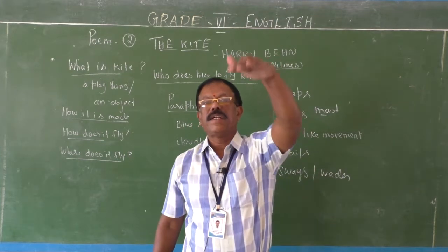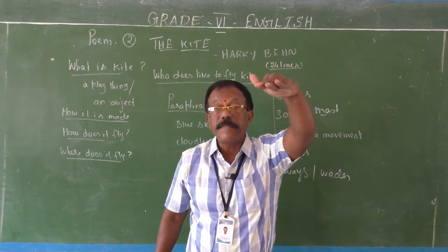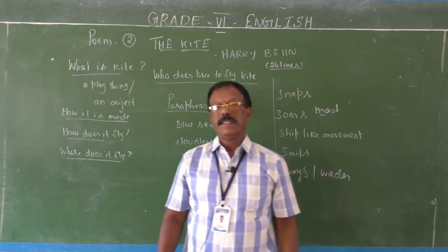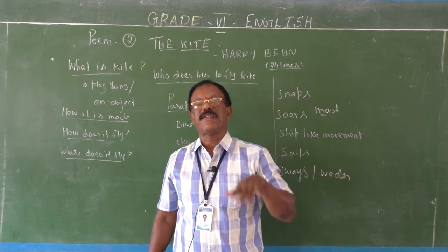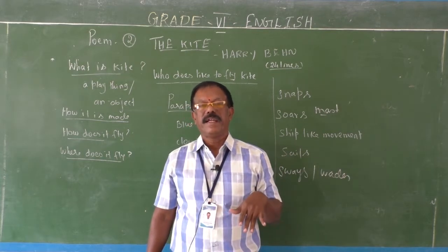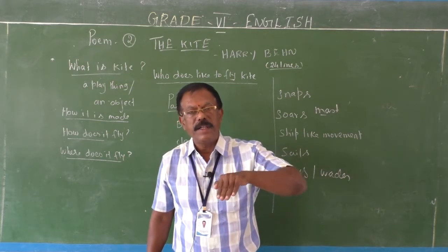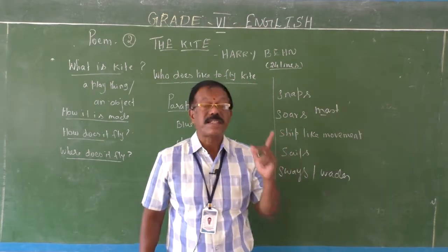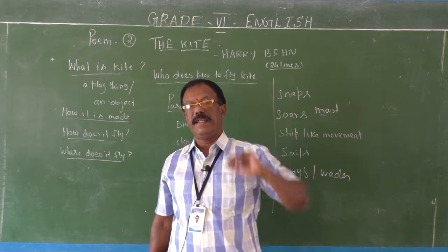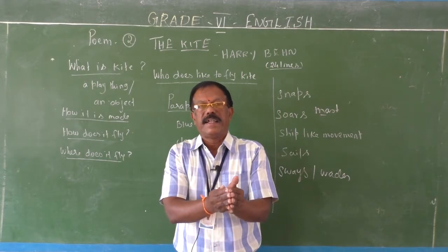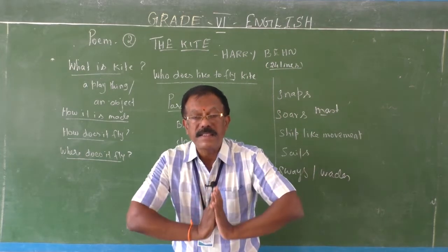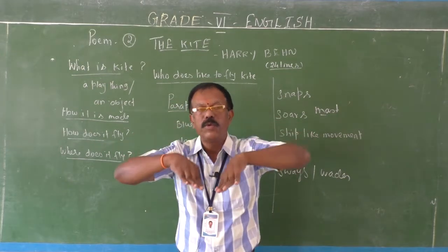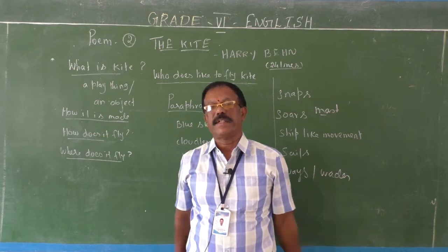This upside down movement is called sail of the ship. Ship sails on the surface of the water in this way only. So sail helps a ship to move smoothly. It blocks the air, and it propels the ship. It helps a ship to move smoothly on the surface of the water.